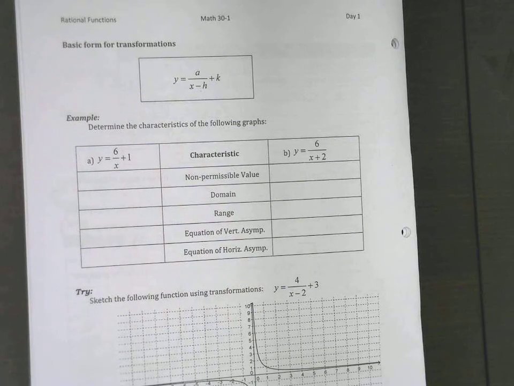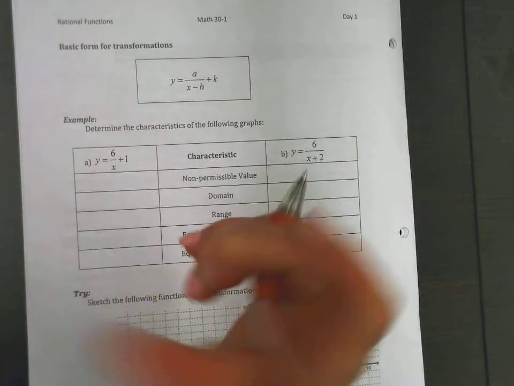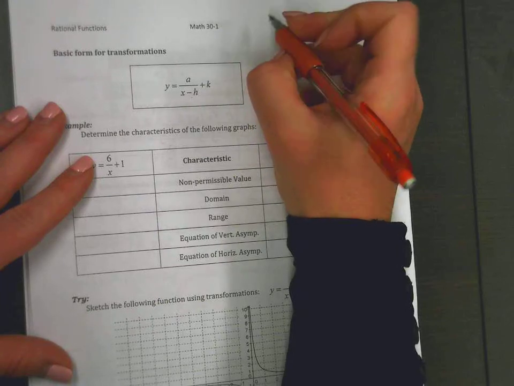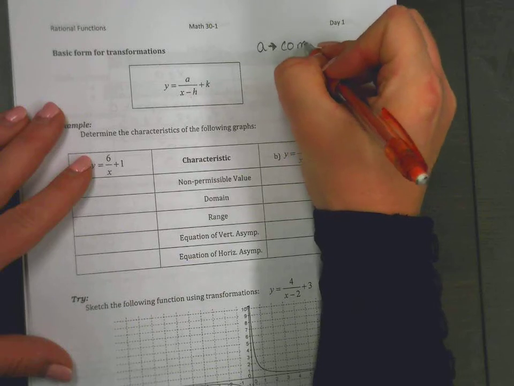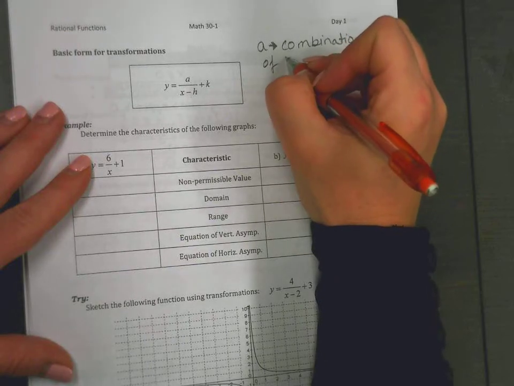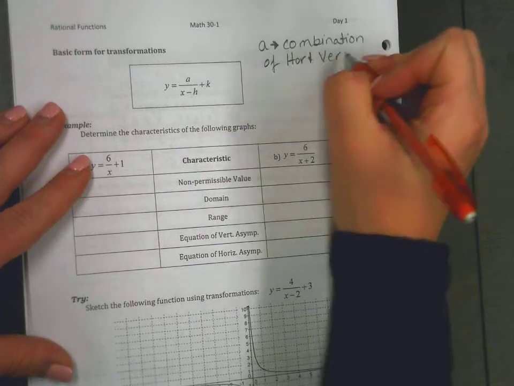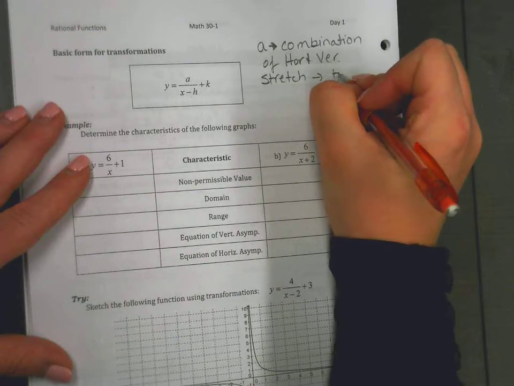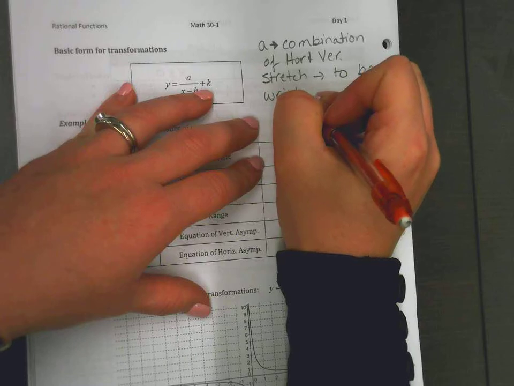So the a value is basically a combination of a horizontal and vertical stretch, to be written as a vertical stretch only. Okay.